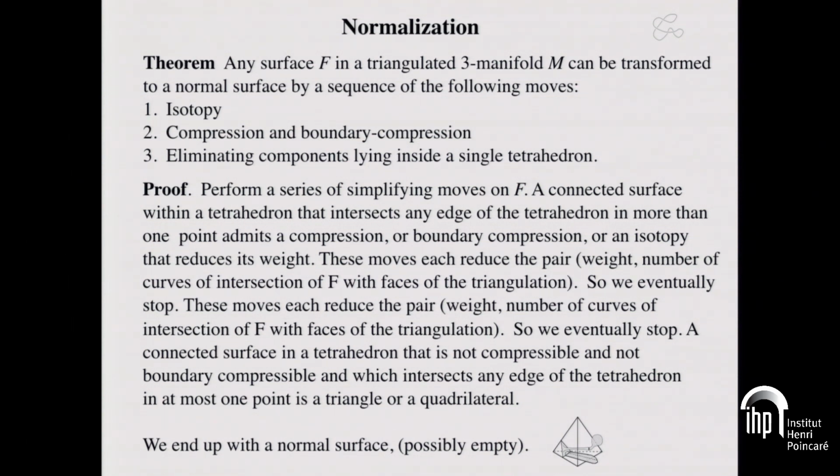So the triangles cross 3 of the edges, the quadrilaterals cross 4 of the edges. It turns out there isn't any disk that crosses each of the edges once. That's an exercise. So those are all of the disks that can be left over, and those are exactly the normal disks.